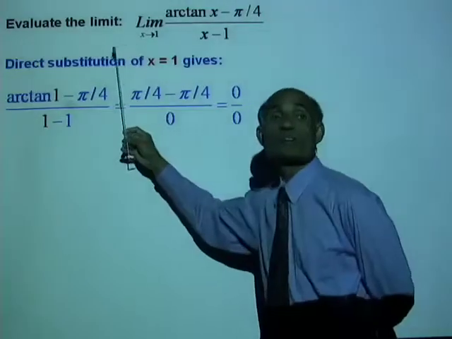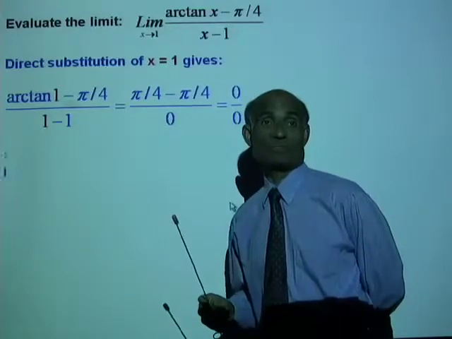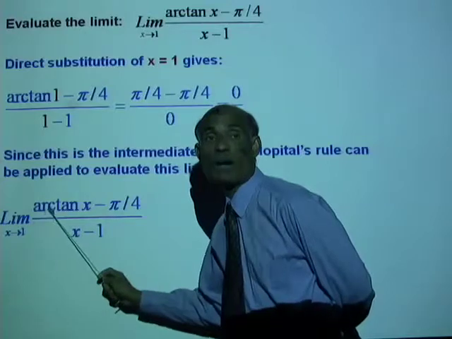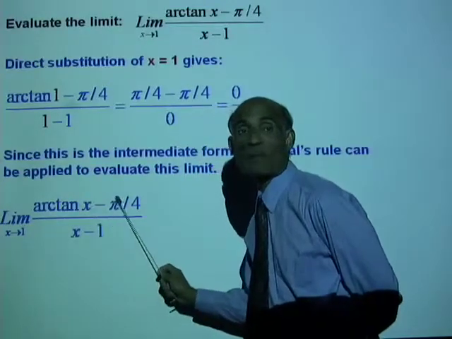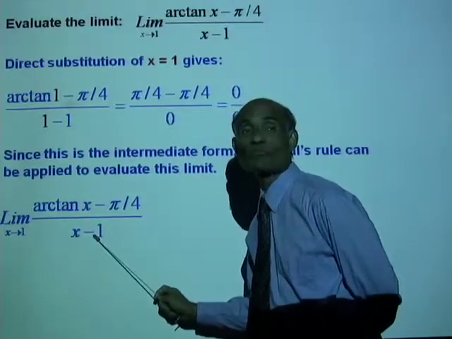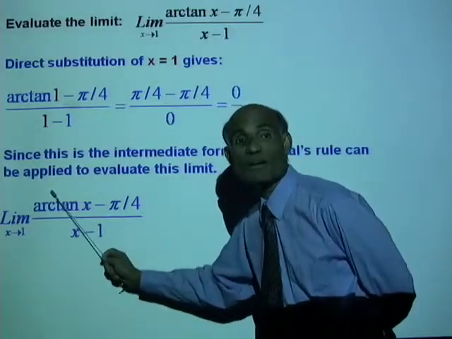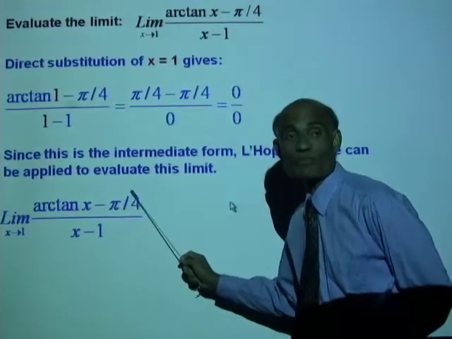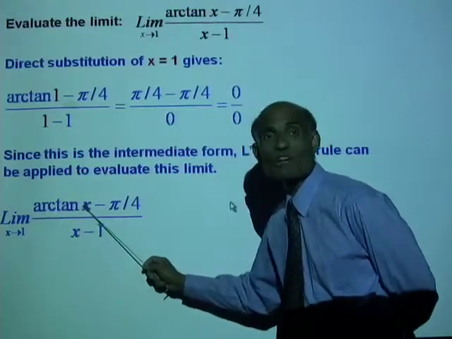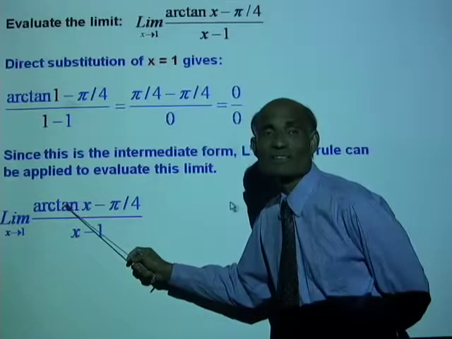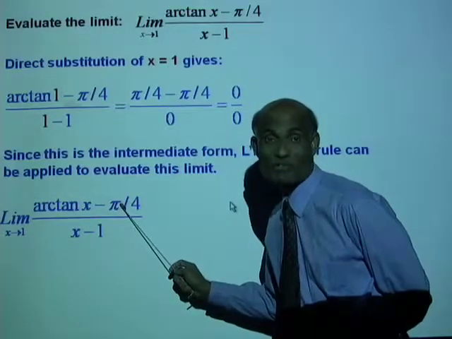Therefore, we can apply L'Hopital's rule. And what is that rule? Limit x approaches 1, arctan x minus pi by 4 over x minus 1 is the same as limit x approaches 1 of the derivative of the numerator, which is simply the derivative of arctan x, because the derivative of pi by 4 is 0.